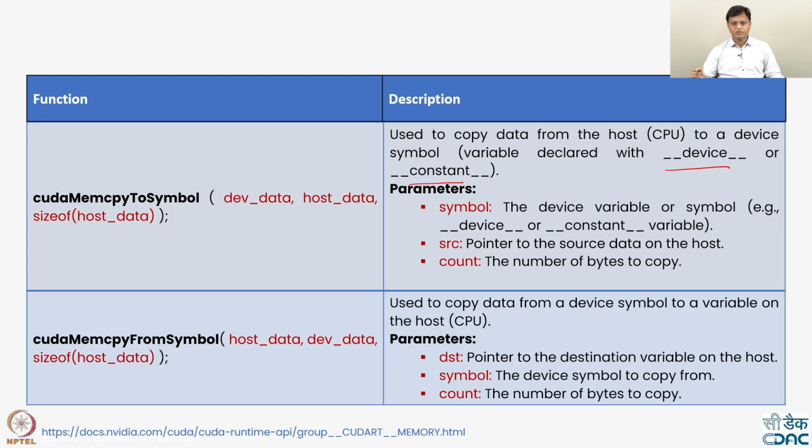Data will be copied to this variable declared with device or constant. NVIDIA calls it a symbol. The parameters we pass here are the symbol, source and count.